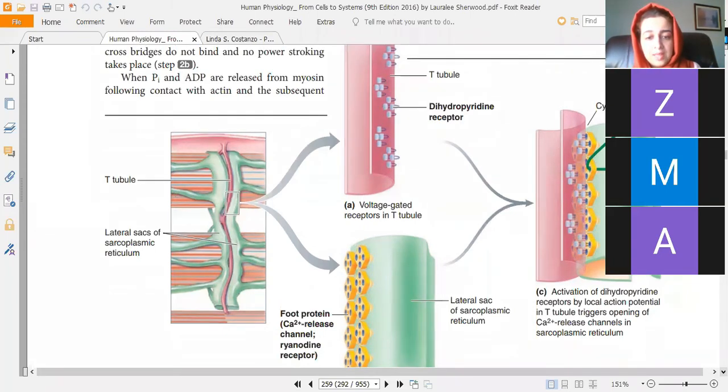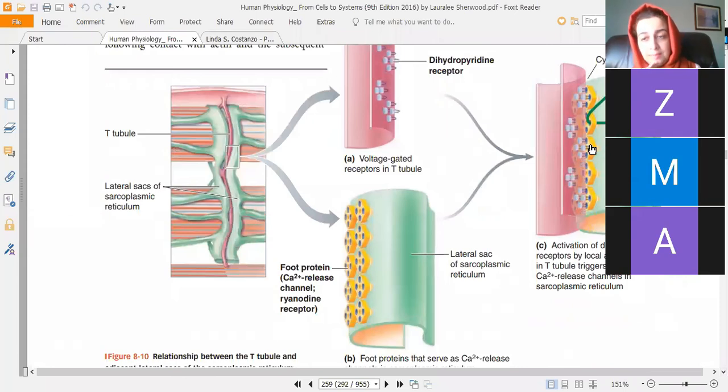And those receptors are ryanodine receptors. Because of the action potential, these dihydropyridine receptors are physically attached to the openings of ryanodine receptors. So if they tug along, the ryanodine receptors will open.